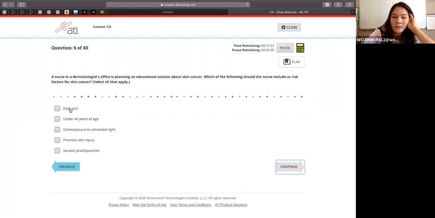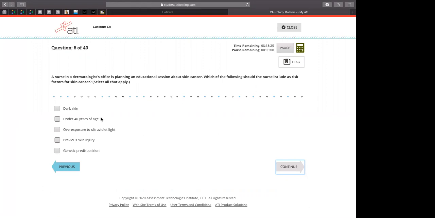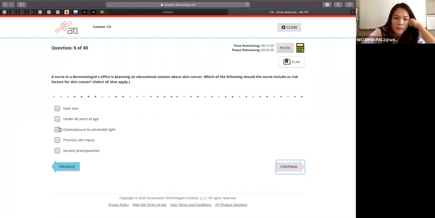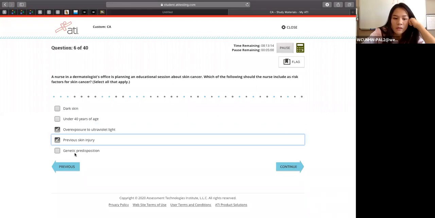So this is not it. Under the age of 40, no. The older you are, the higher risk of skin cancer, because your skin is now very sensitive. So overexposure, previous skin injury, and genetic.